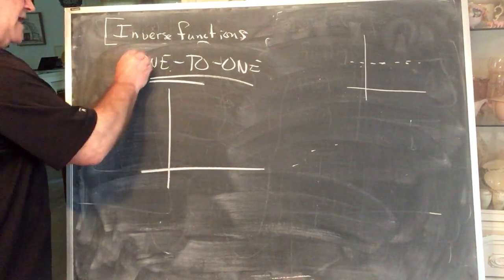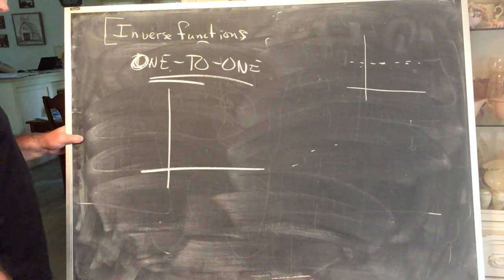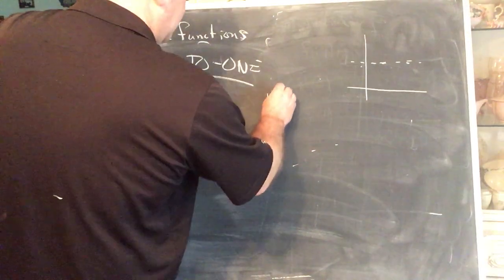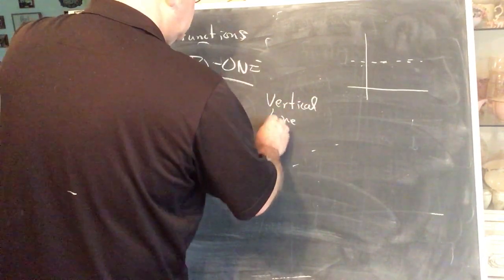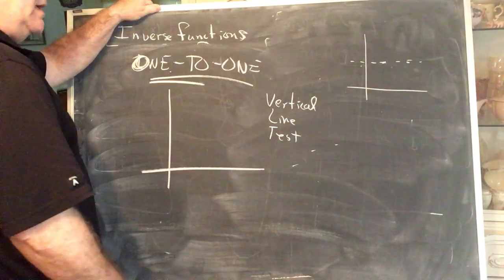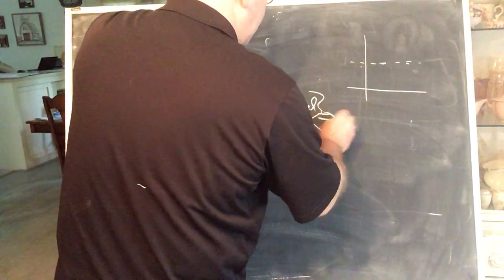In order to satisfy this requirement, not only must the function pass the vertical line test, what does the vertical line test check to see? That checks to see if it is a function.